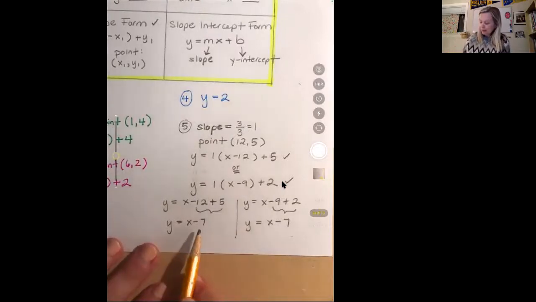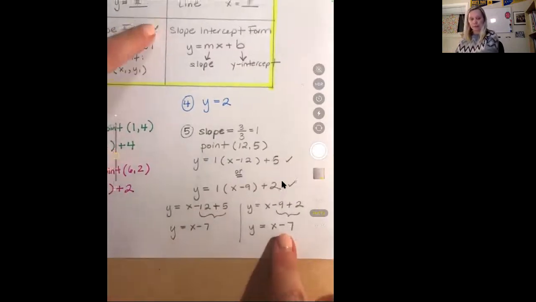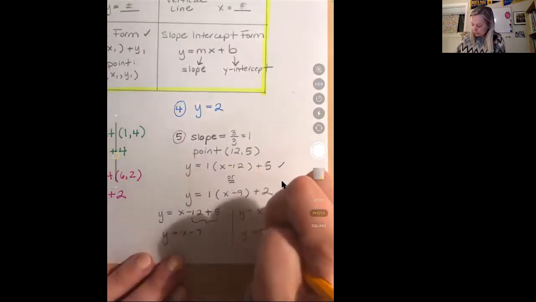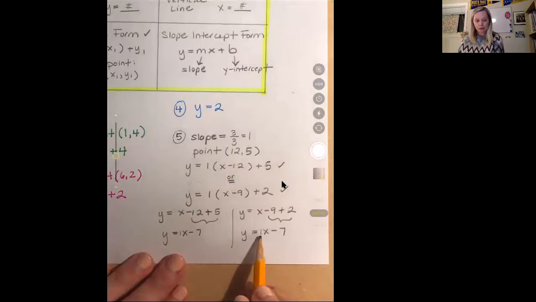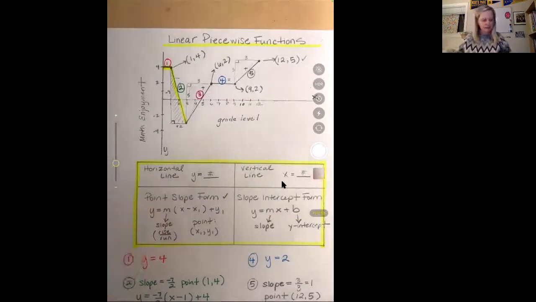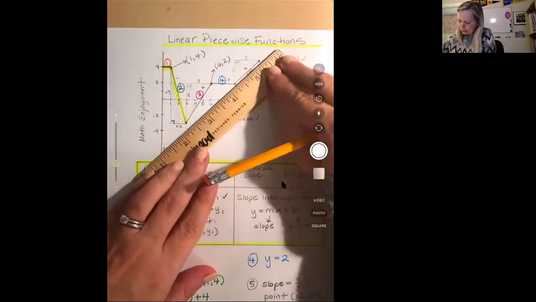And I can double check on my graph that now I have this. Now here's an example of your slope-intercept form. Slope being 1, right? Slope being 1. Y-intercept being negative 7. So I'm just going to give myself a visual here and just to make sure, I kind of like sometimes using the slope-intercept form because I can check to see if my numbers are correct.